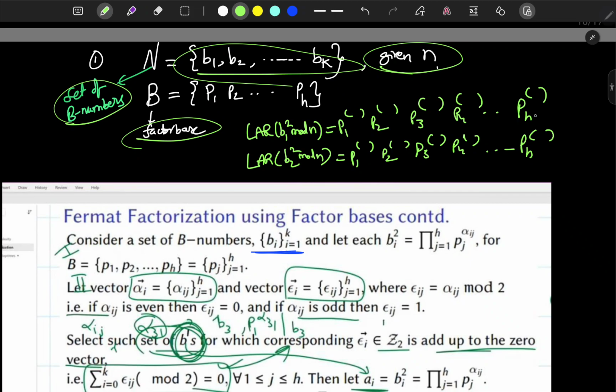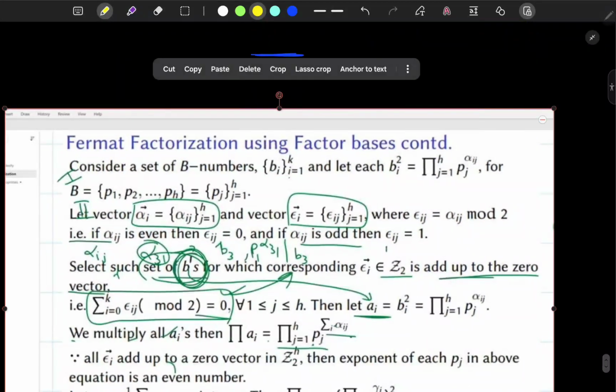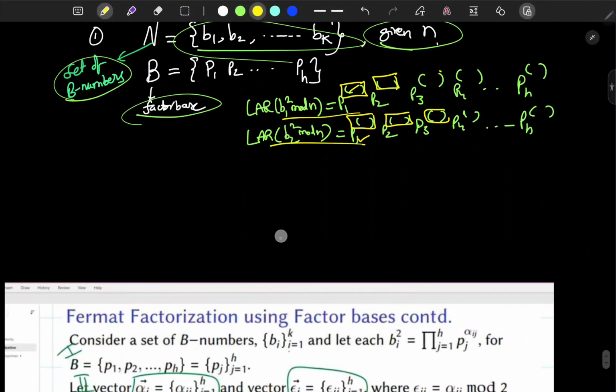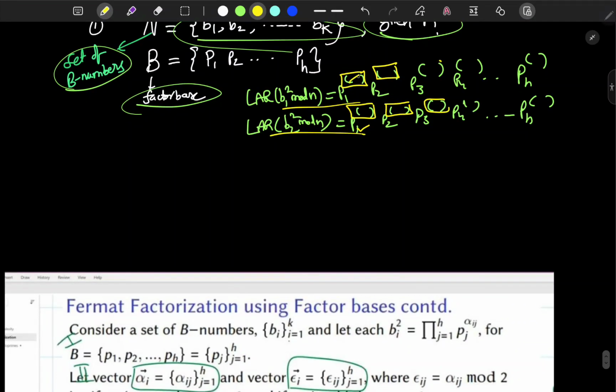After writing this, now observe these exponents. For B1 it may be something, for B2 it might be something. So to keep things simple, we are defining them like this: the exponents are denoted by alpha ij.